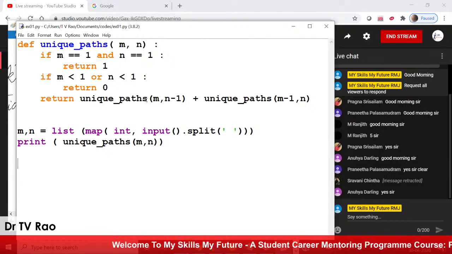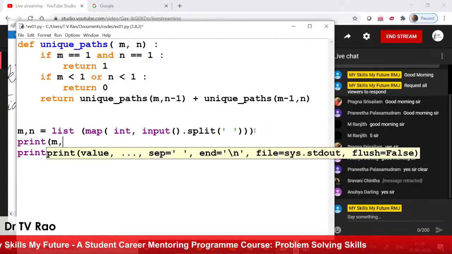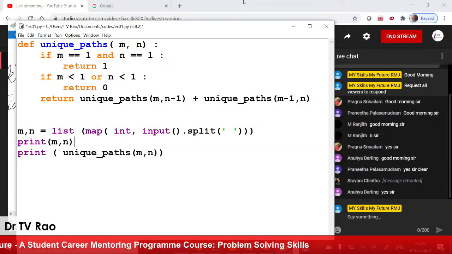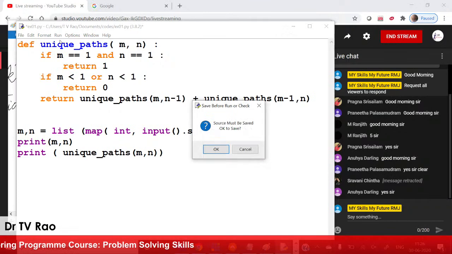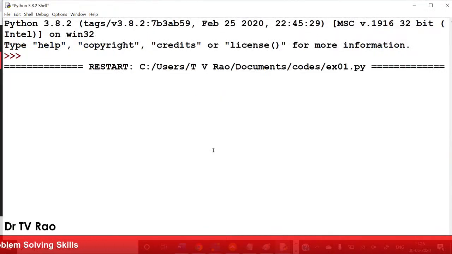So where went wrong? Maybe mn values. I think input is not given. We did not give the input. It's asking for the input. Okay. Is this clear?